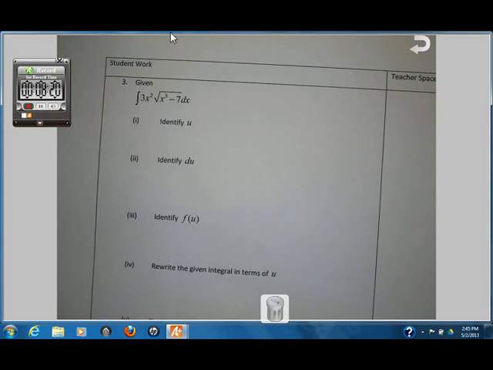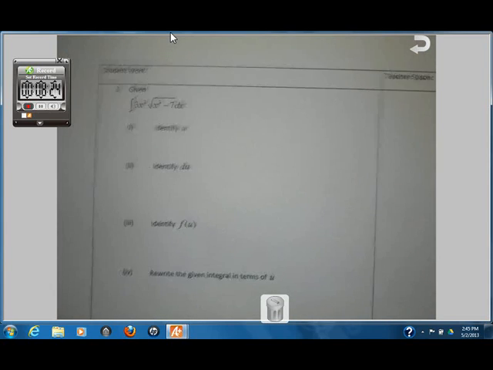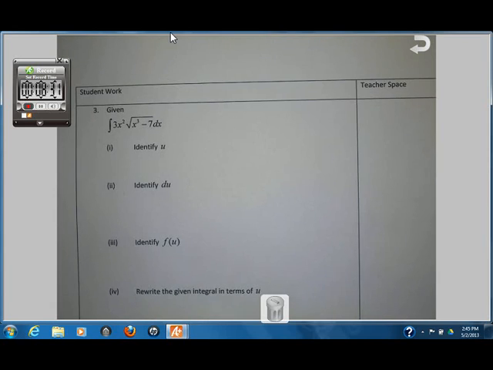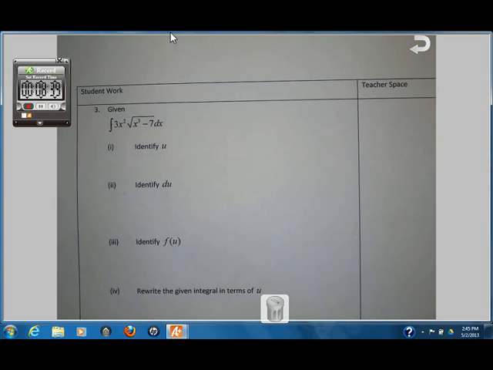Okay, so the first thing is, again, to identify u. In this case, it's not what is inside the parentheses, but what is inside the square root. So we have u is equal to x cubed minus 7, du/dx is 3x squared.